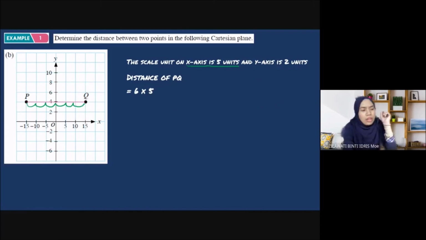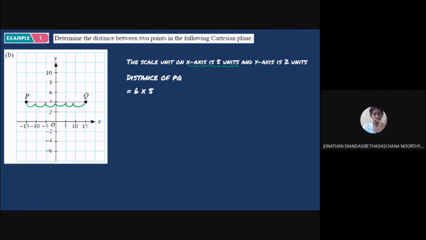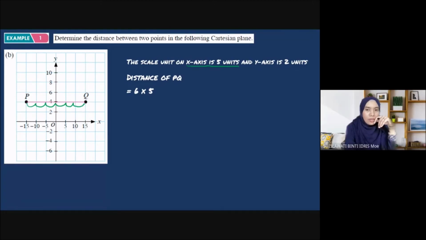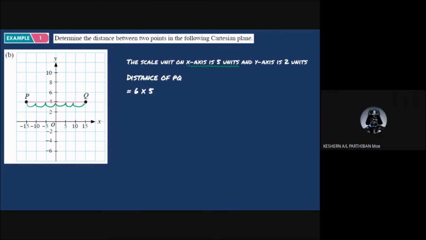Cik Ismail, what is that? Teacher means must count the boxes and then times with the unit lah. Yes, times with what scale it gives to us. Dia bagi skala unit dia 5. So satu unit tu mewakili 5 yang keadaan sebenar. So wait, why 6 times 5?